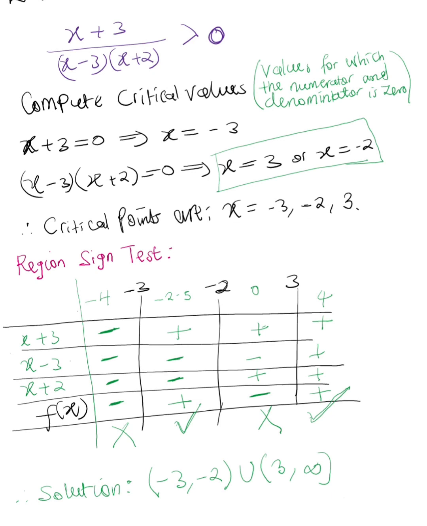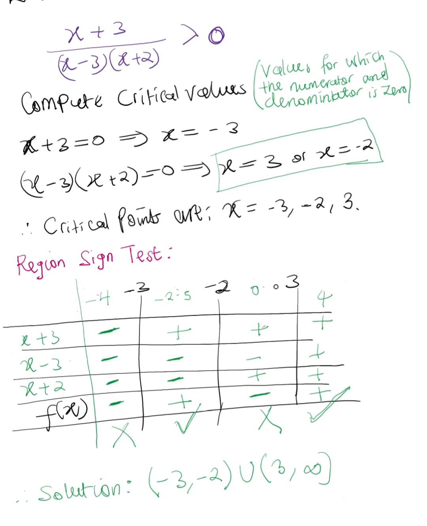Next, you are going to perform the sign test. Now, for the sign test, you put the critical points on a number line and look at regions. Now, in this case, there are three critical points. So you have the first region here, then here, here, and here. So you have 1, 2, 3, 4 regions. Okay.